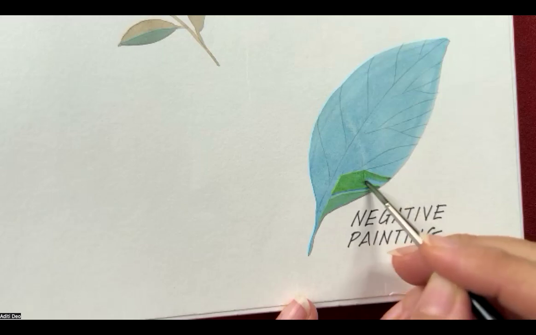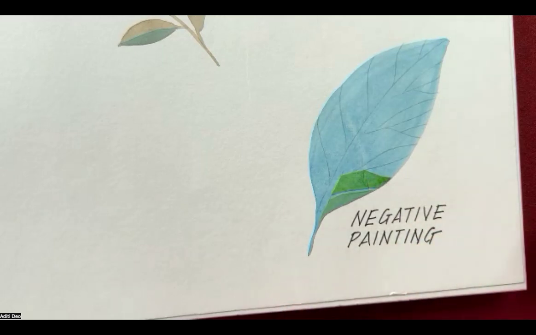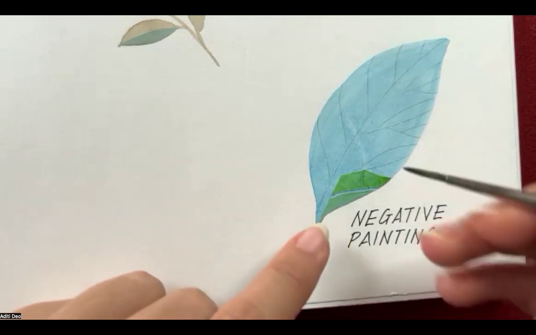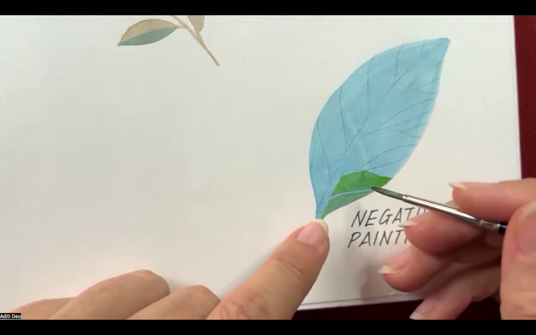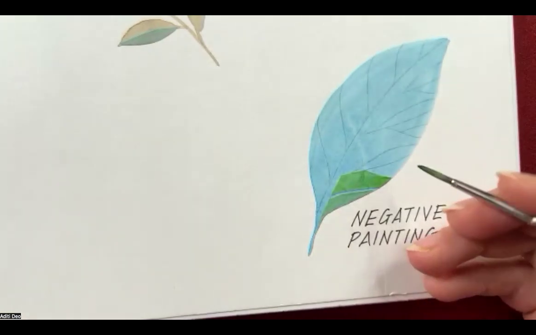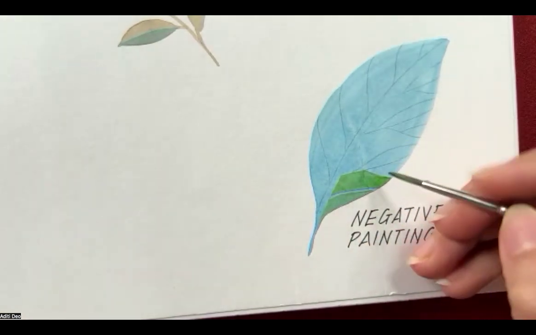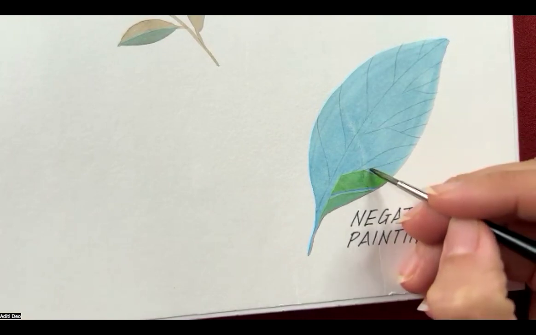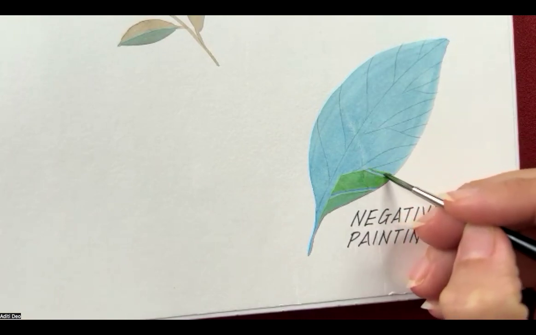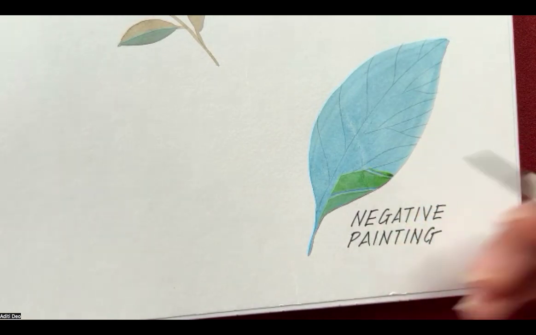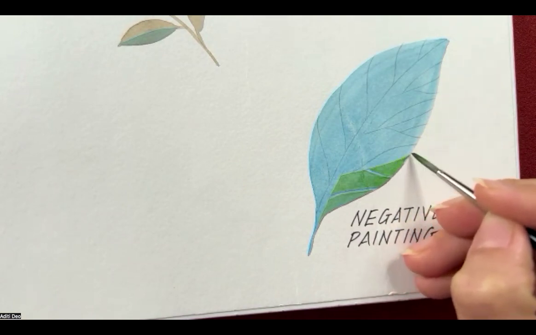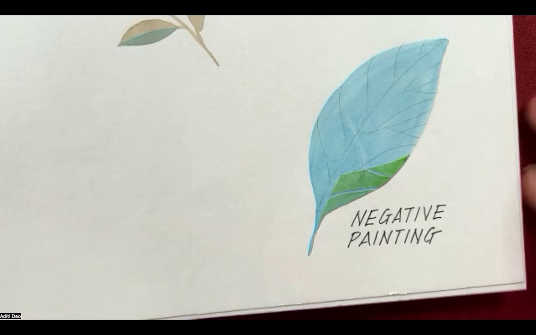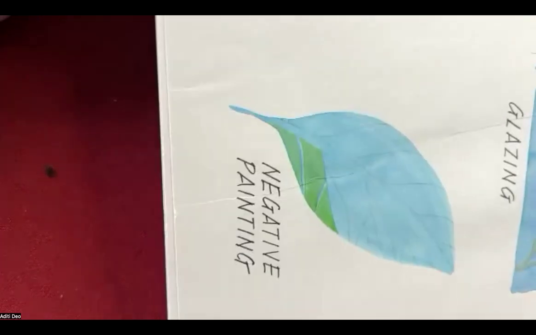Imagine if you're drawing 10 lines in this space, if you are drawing double lines for each of these lines that you're going to leave in the negative, it will become a very chaotic painting. But now that I have painted this section, for the next one again, I will just leave some gap, and maybe it's not uniform. I can make it tapering and then from the other side I will touch it to the line. This is the easiest, cleanest way for you to make a negative painted space.